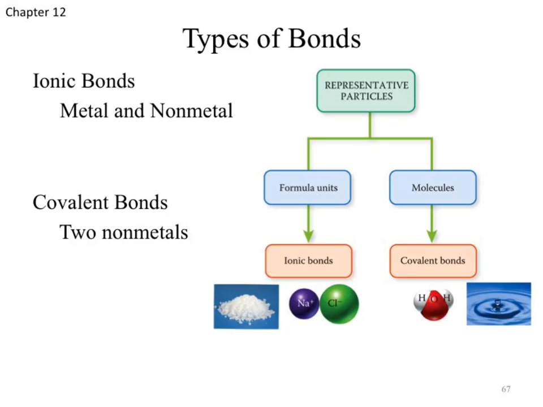There is another type of bond, though, that we didn't reference. What happens if you take a metal and a metal? That's not described up here. What kind of bond do you get there? It's a metallic bond. Why do we not talk about metallic bonds?